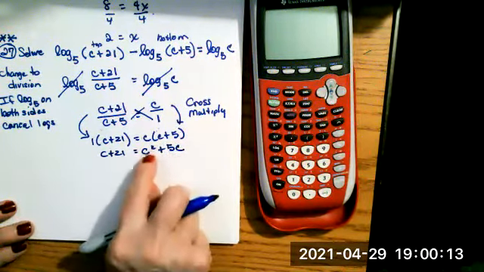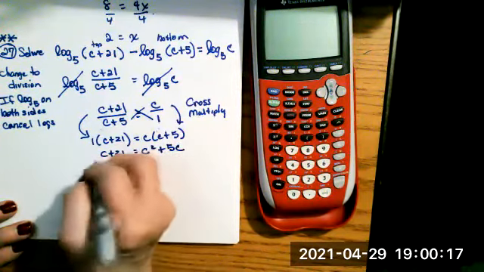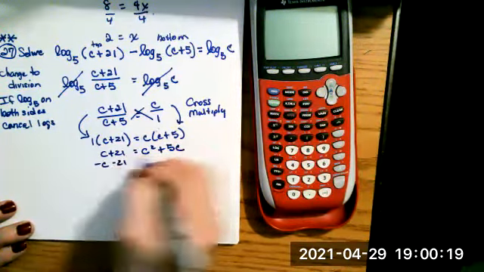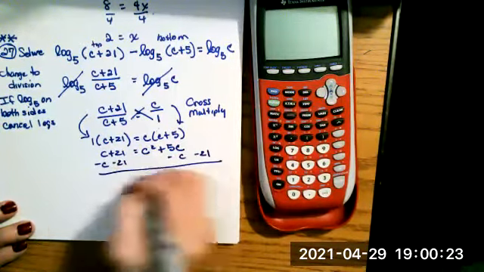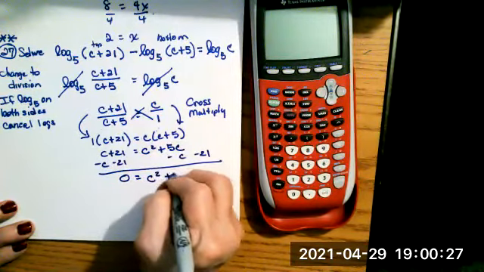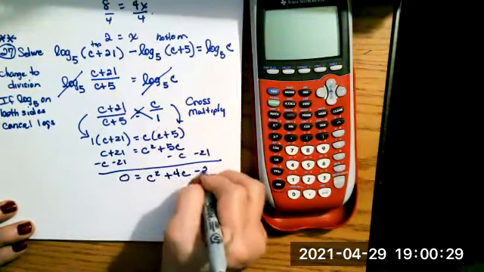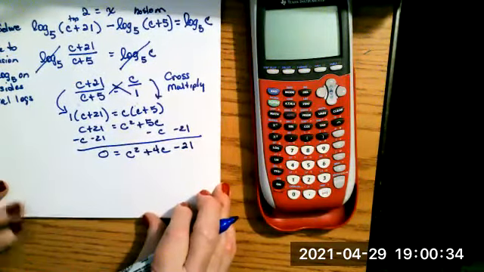Okay, c squared is a quadratic, so I'm going to have to set this thing equal to 0. So subtract off the c and the 21, and we'll have 0 equals c squared plus 4c minus 21. And hopefully that will factor.